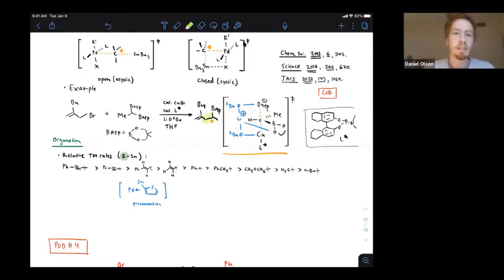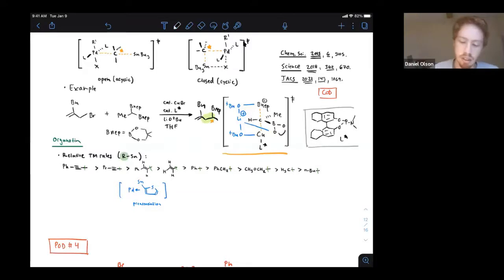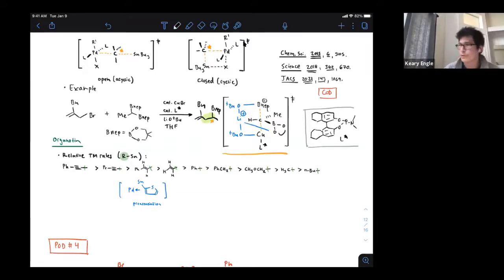Sorry, I thought you were asking for the name of this product. I guess it'd be a homoallyl boron compound or something. But yeah, perfect. You can think of it as kind of like a Suzuki coupling between an alkyl electrophile and a 1,1-bis(boron).